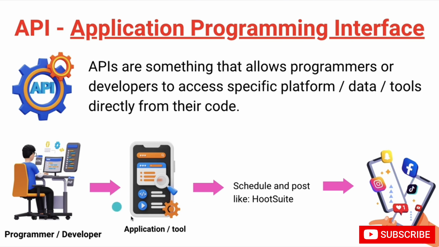That means this programmer wants to create this type of application that can do these tasks. The purpose he is creating it is to provide this application or tool to other people, so that other people can use it and he can make money with it.